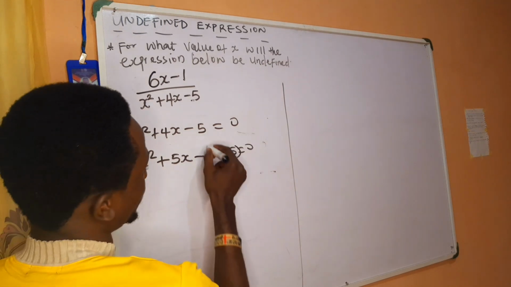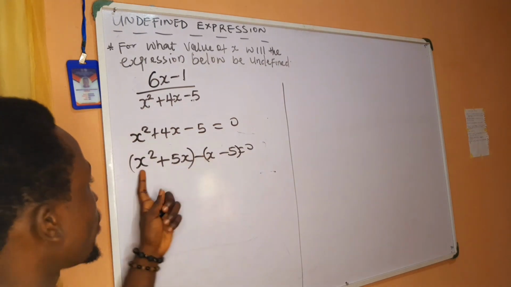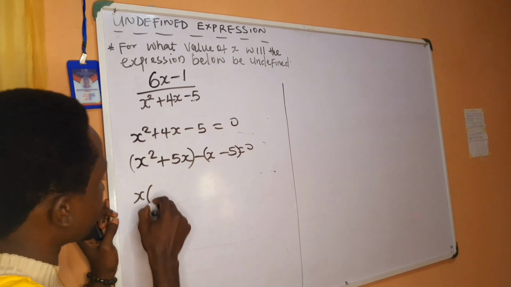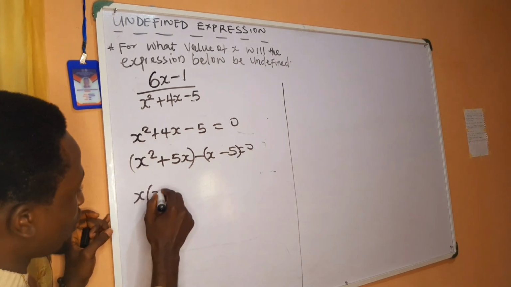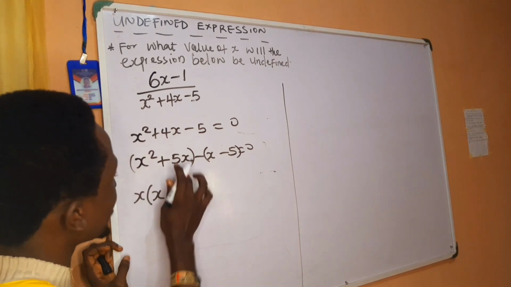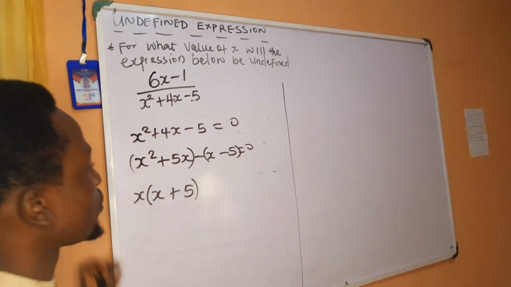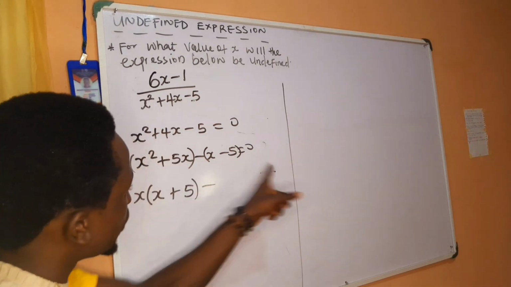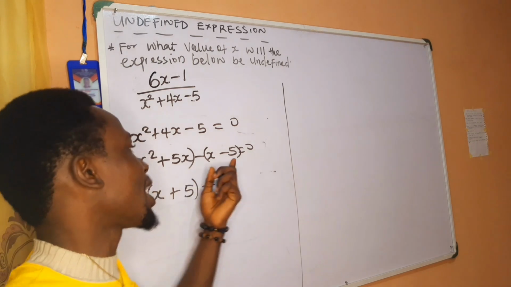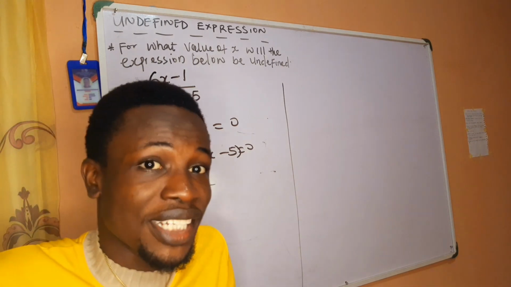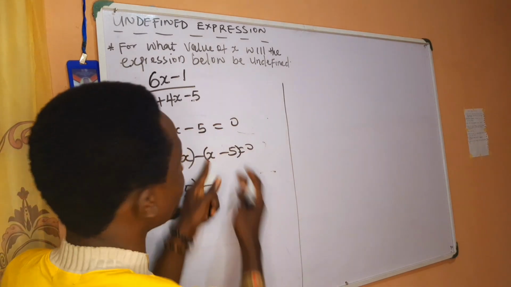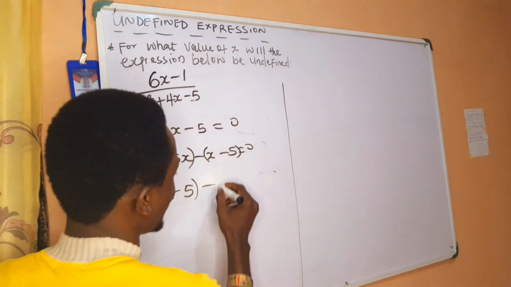Now factorizing further, x is common here, so I can push x out. Then x divided by x squared, I'm left with x. Plus x divided by 5x, I'm left with 5. Now minus, what is common to both of them? There's nothing I can factorize out, but I can still factorize out something. Yes, because the coefficient of each of them is 1. I can bring out 1 outside.